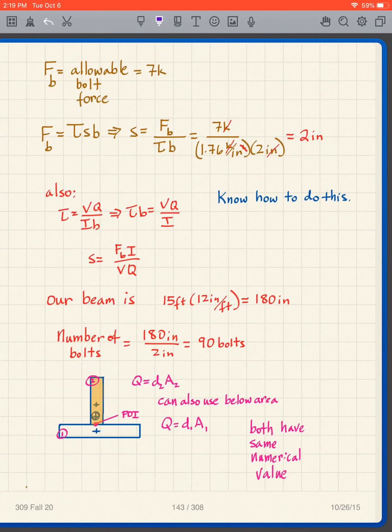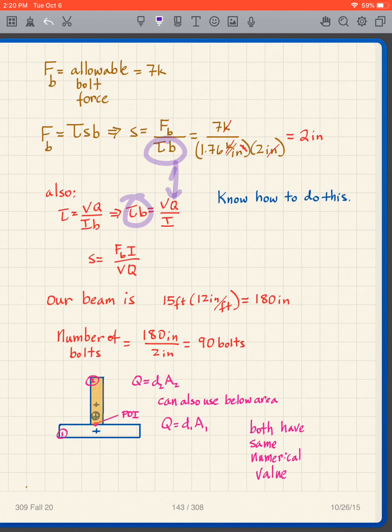Now let me just make one other point here. Since we know that tau is equal to VQ over IB, we can manipulate this: tau times B is VQ over I. Well, there's tau times B, there's tau times B. I can put that in there, and the spacing then becomes simply FB times I over VQ.